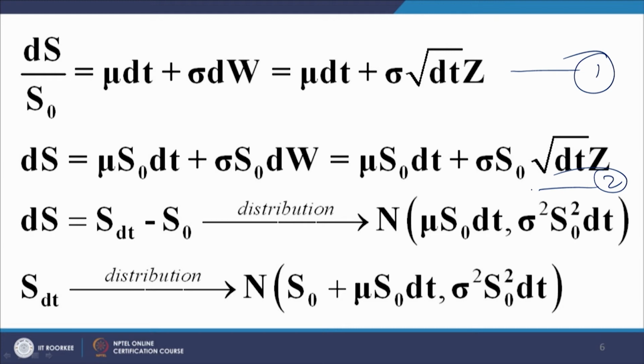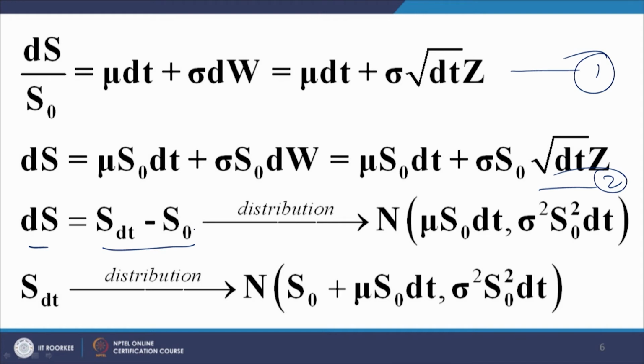Now, if we look at the extreme right hand side of equation number 2, what does it give us? It shows that ds, which is equal to the stock price at time dt minus the stock price at t equal to 0, that is ds is equal to s dt minus S naught.